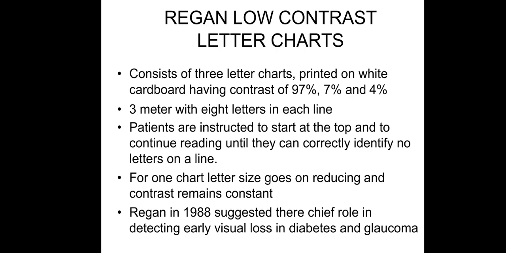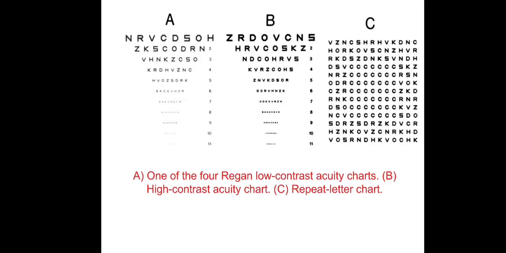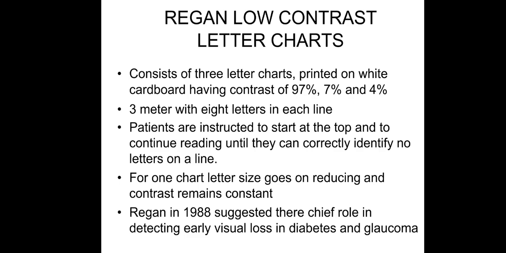So next is the Regan low contrast letter chart. It consists of three letters, as you can see in the image. A is one of the four Regan low contrast acuity charts, B is high contrast, and C1 is a repeat letter chart. It is used at 3 meters with 8 letters in each line.